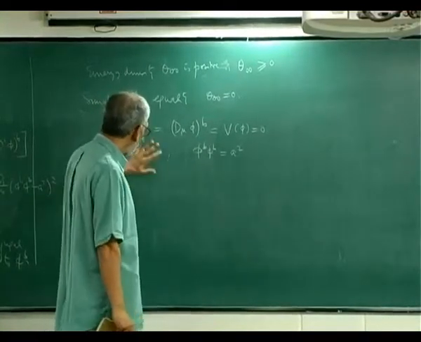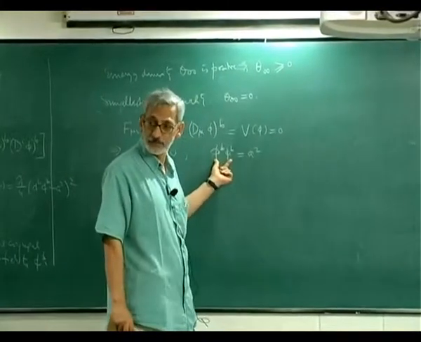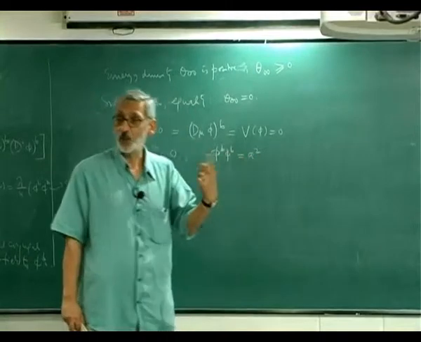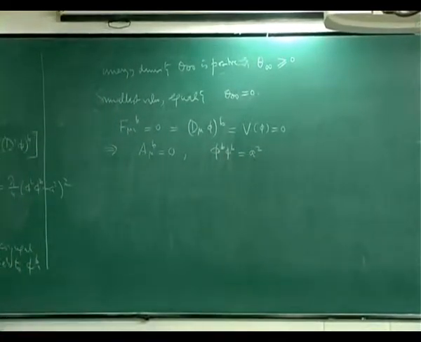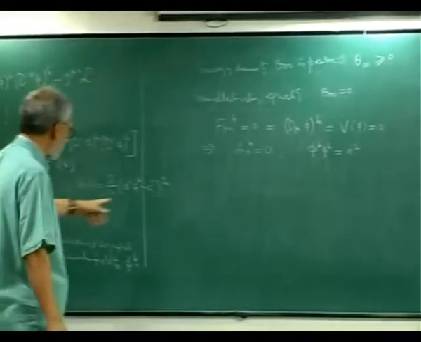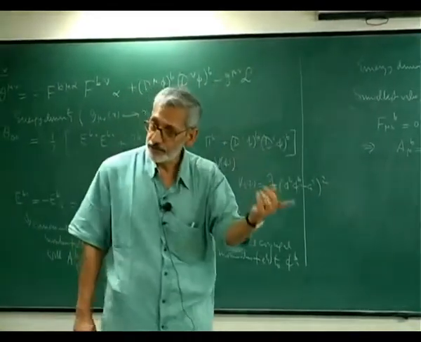So a configuration where the gauge field is 0 and the scalar field is a triplet, so the length of this triplet in the SU(2) space is a constant given by a squared, the parameter that we had introduced in the potential in the theory.